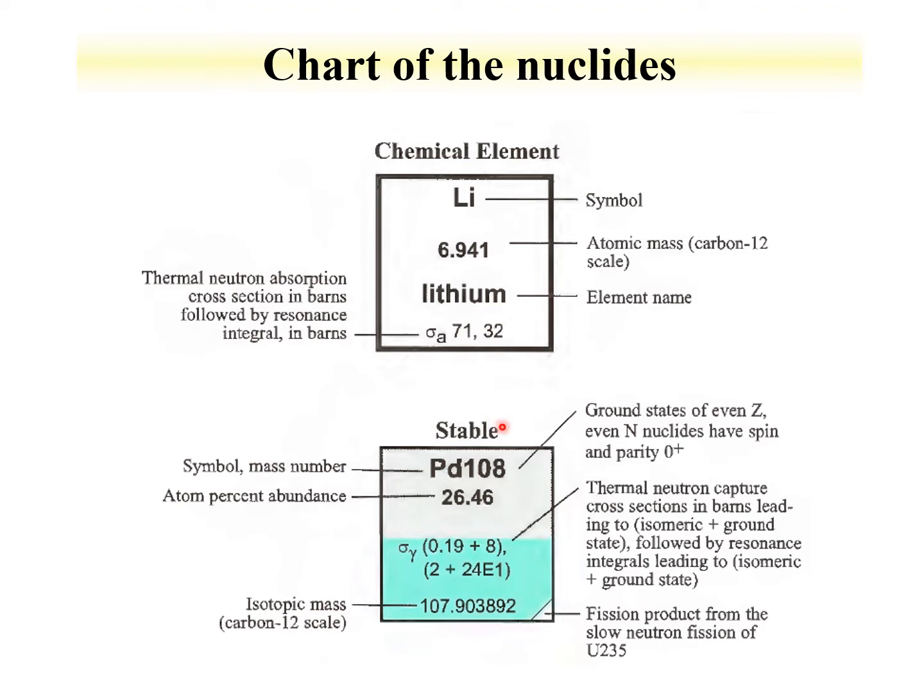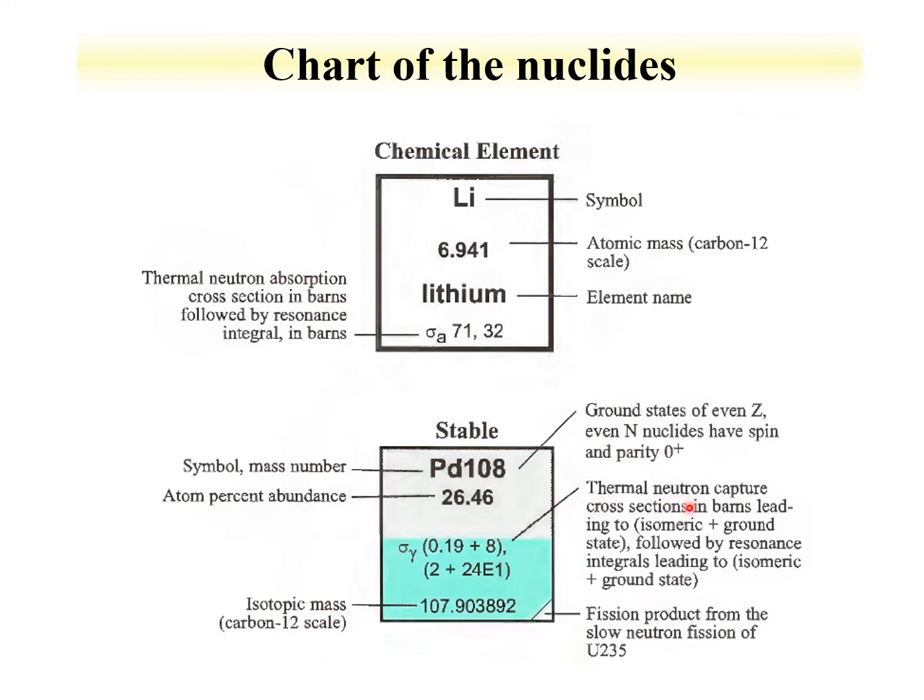For a stable isotope, which is listed in gray, stable or very long-lived isotopes are in gray, you get the symbol, the mass, the atomic percent abundance, the ground state spin and parity, as we stated earlier, even nuclei are 0+.